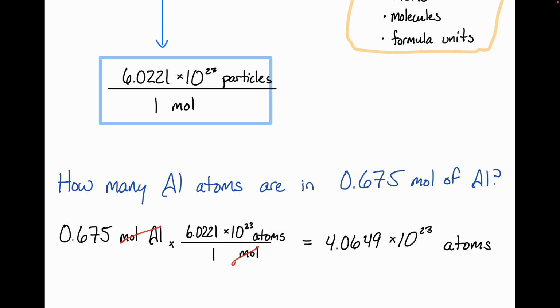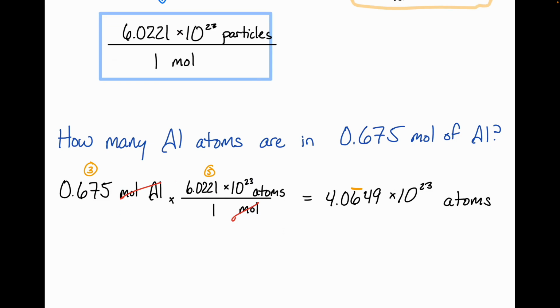And then sig figs. Avogadro's number is not exact, but it does have 5 sig figs. Our initial measurement has 3, so we're going to round this to 3 sig figs. 4.06 times 10 to the 23rd atoms.